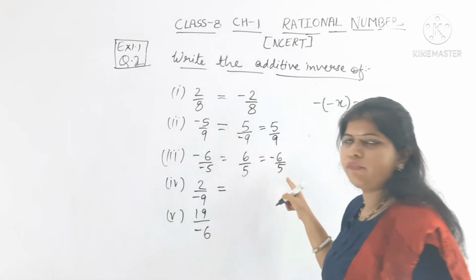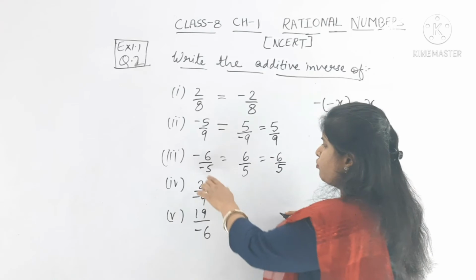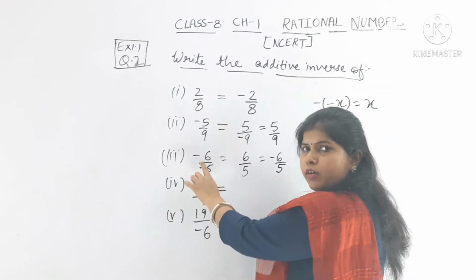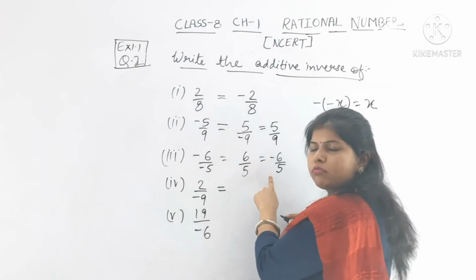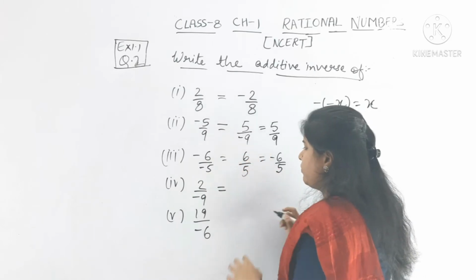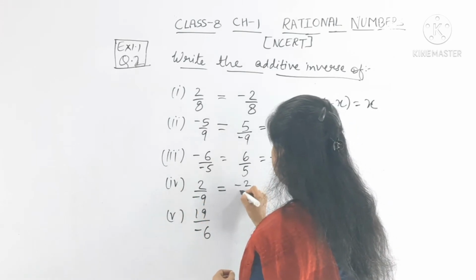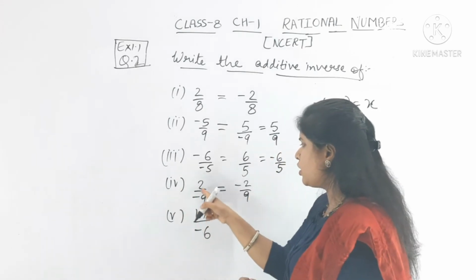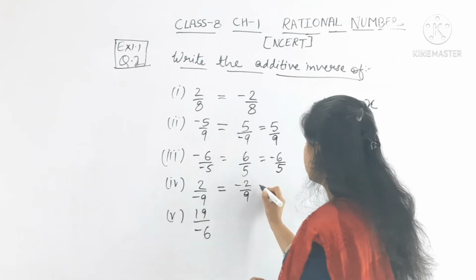This is the additive inverse of minus 6 upon minus 5. So you have to inverse the sign first, then write the additive inverse. Like in the fourth question, I am getting here 2 by minus 9, so this mark is shifted to here.